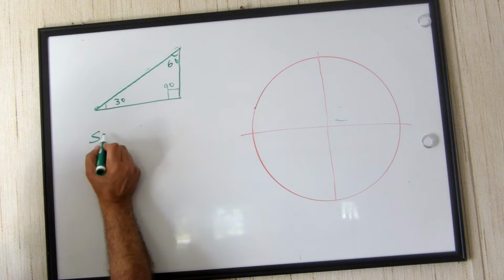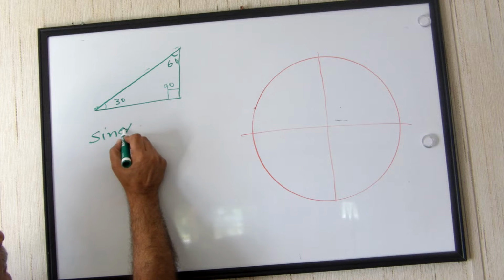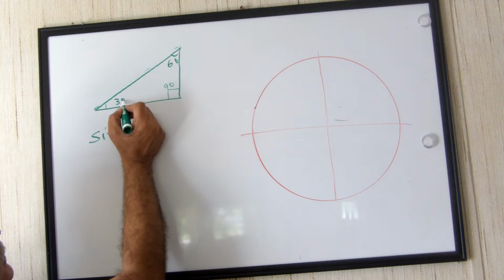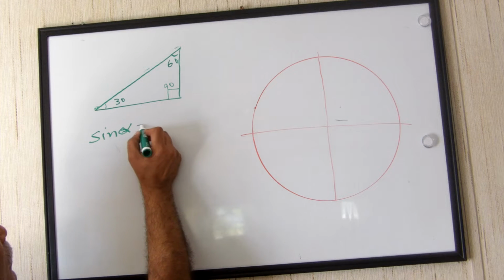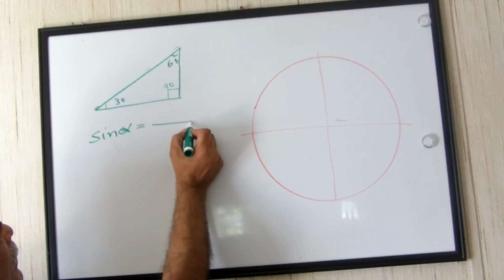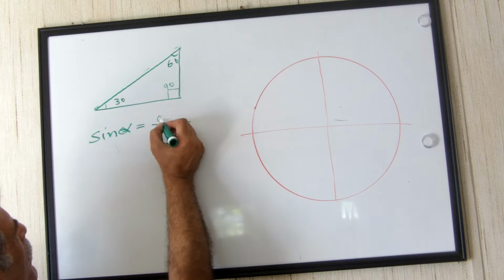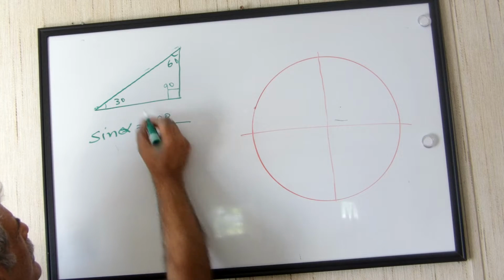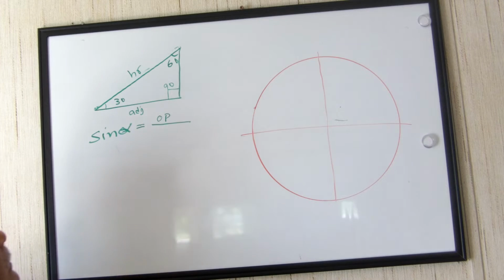We talk about the sine in trigonometry. Sine of alpha, like here, this is sine 30 degrees, is equal to the opposite side and this is the hypotenuse, and this is the adjacent.